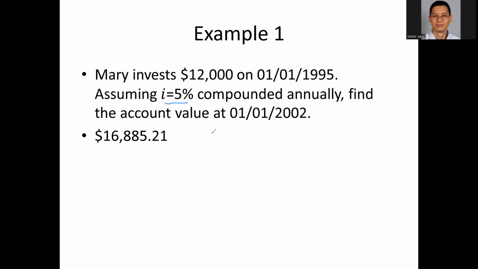So we have this formula, A of t equals the principal times 1 plus 0.05 to the t. This is the amount function. Here it is 7 years. So A of 7 equals 12,000 times 1.05 to the 7. Okay, so that's this amount.